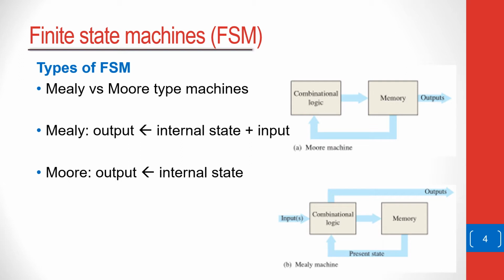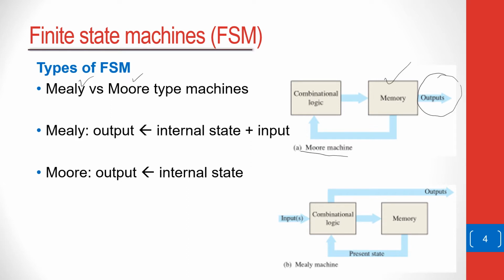Now, there are two types of finite state machines, normally called either the Mealy machine or the Moore machine. These types differ in their structure. First of all, the Moore machine: the output of the Moore machine depends only on the internal state of the machine.